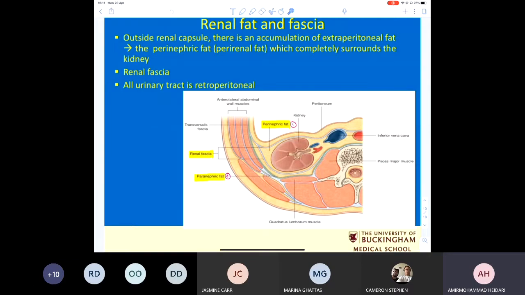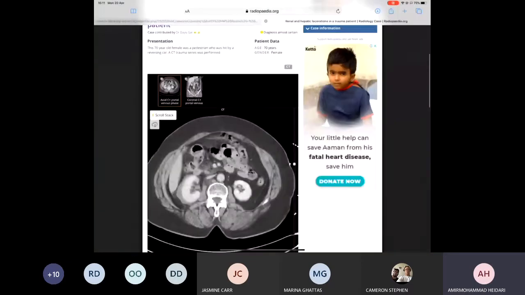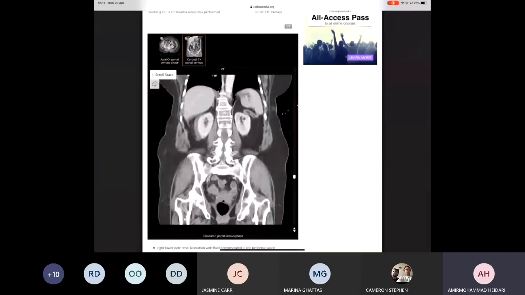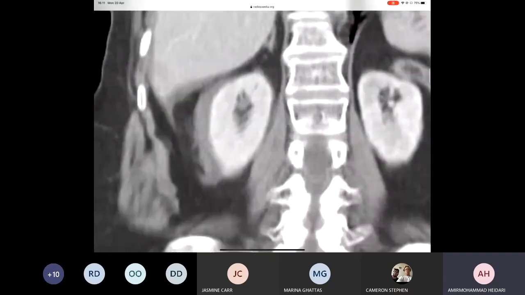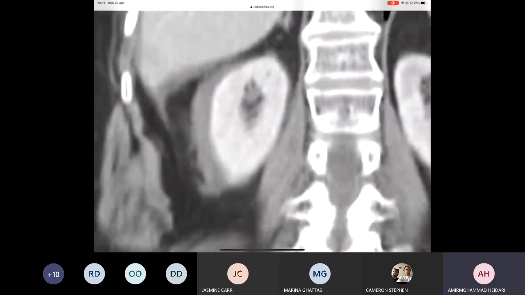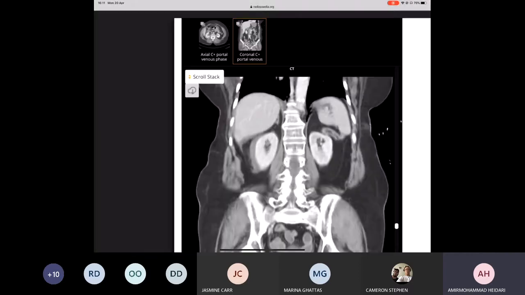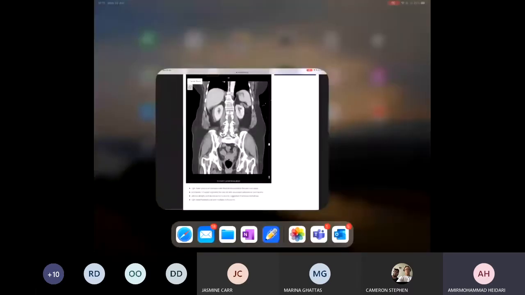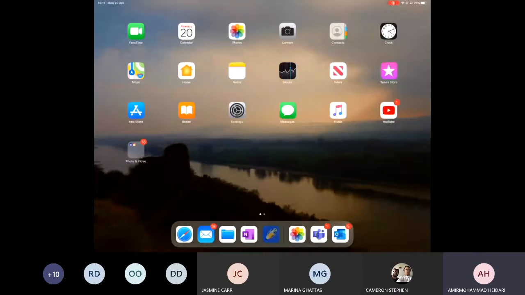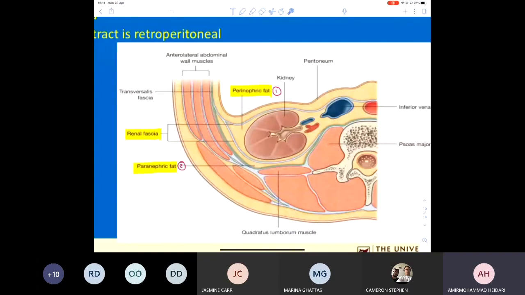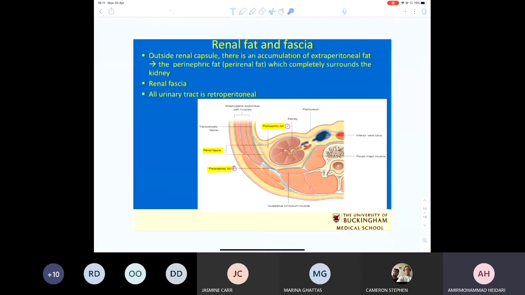And if you've noticed, going back to this case study, the bleeding is limited to around the kidney. I think the bleeding is in the perinephric fat here, and it is stopped from spreading by the renal fascia. So that's a nice relationship to keep in mind.